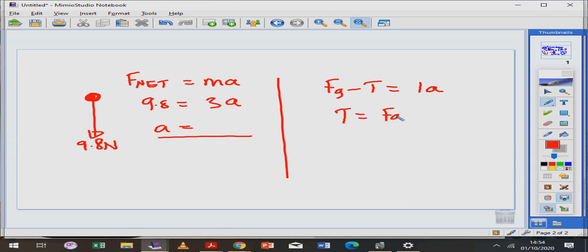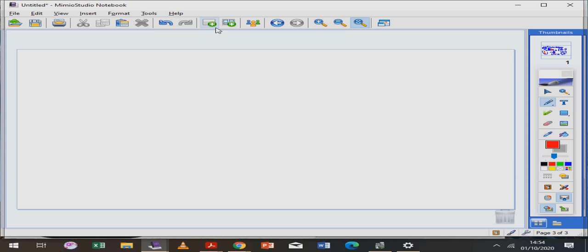So T would in this case be Fg minus A, which is 9.8 minus what you get from that answer for acceleration. Okay, let's look at another example.